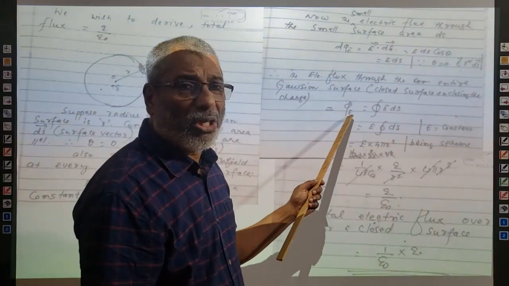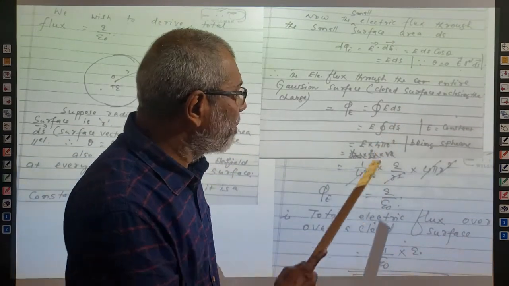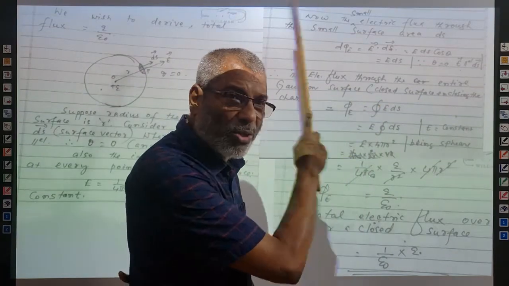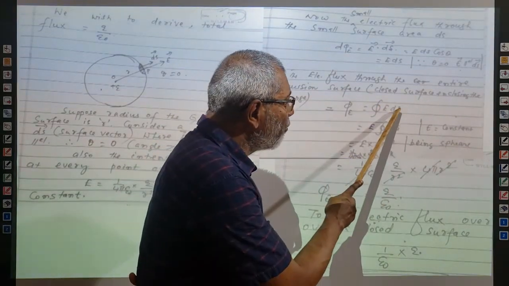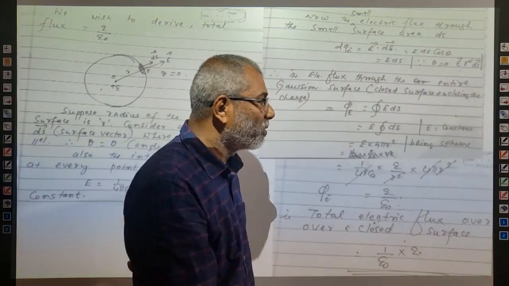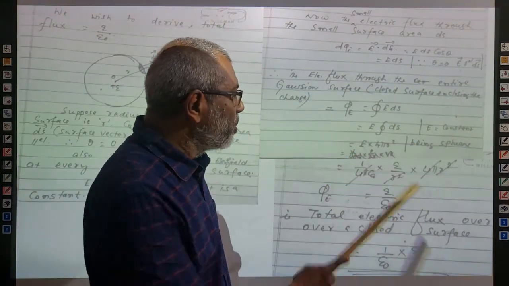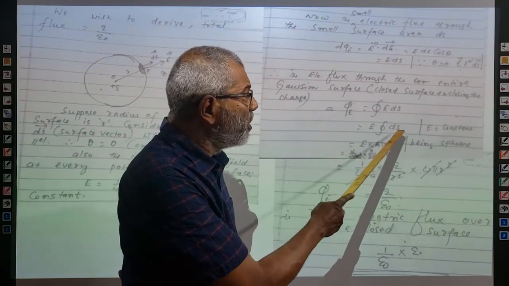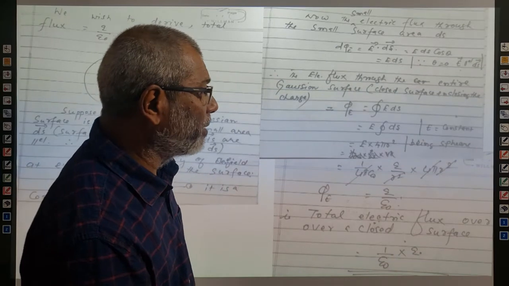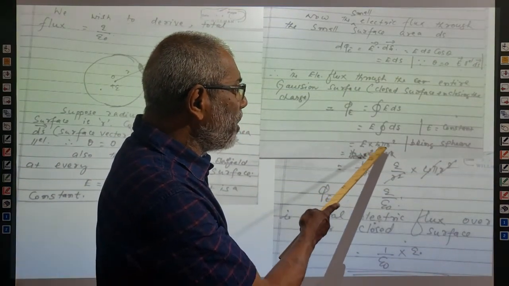So the total flux is equal to the surface integral of the electric field over a closed surface. Very clear? That is, phi is equal to the surface integral of E dot ds. This is equal to E into the surface integral of ds. E is a constant, therefore it is taken outside. Am I correct? That is equal to E into 4 pi r square.